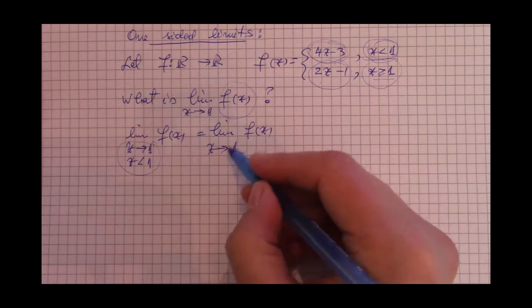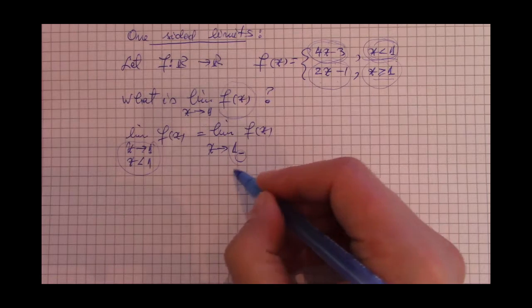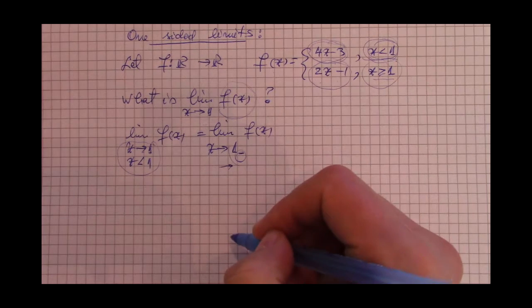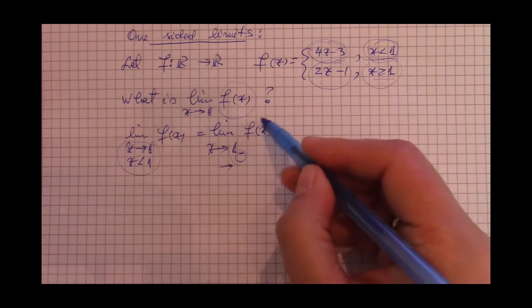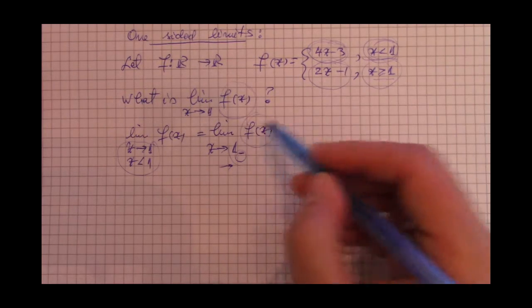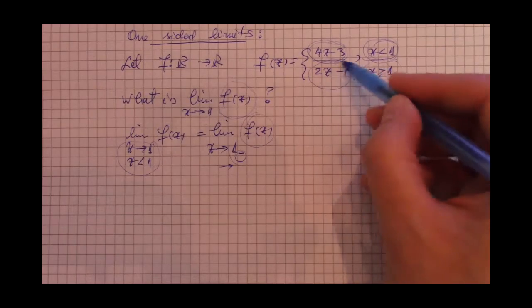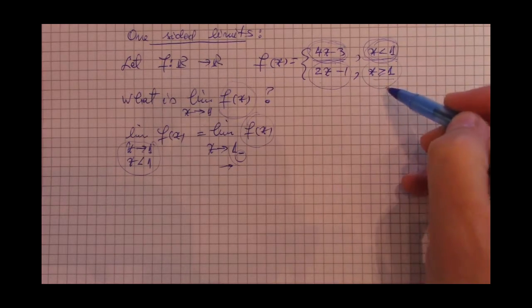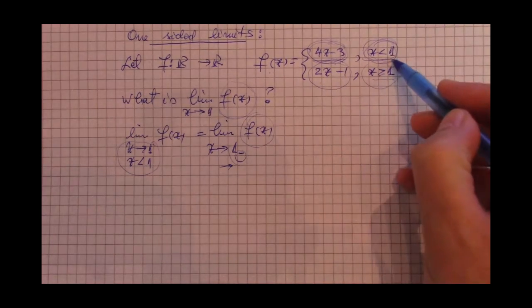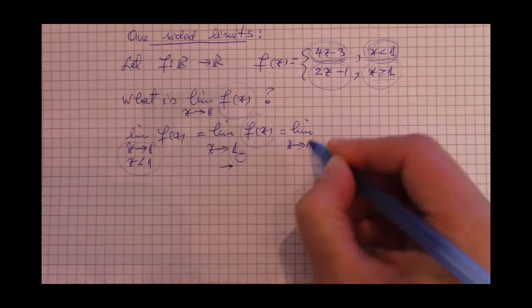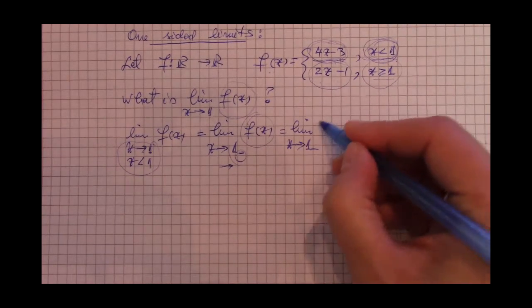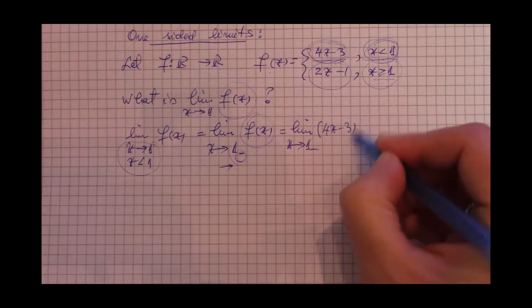This minus here means that we approach 1 from the left-hand side. If we do this, there's no problem replacing f of x by 4x minus 3, because this is the value of f of x if x is less than 1. So this is the limit when x approaches 1 minus of 4x minus 3.